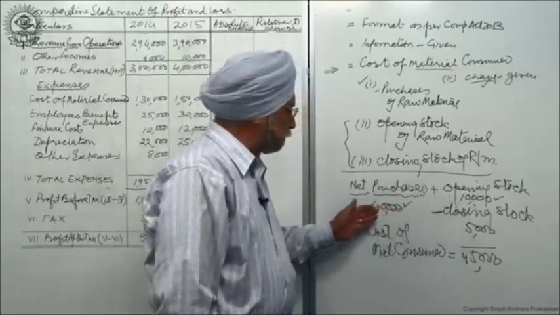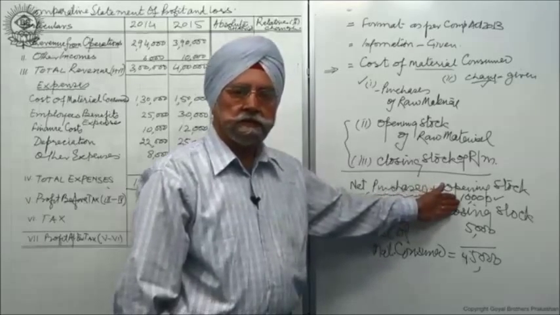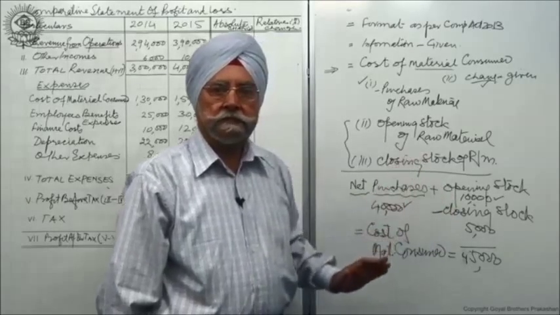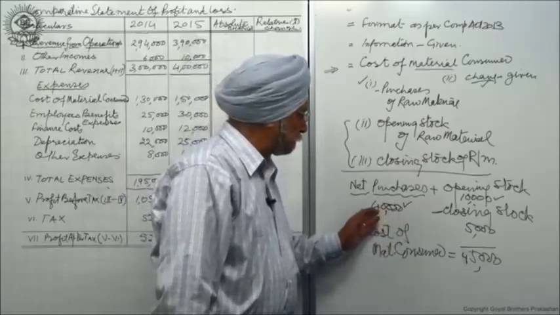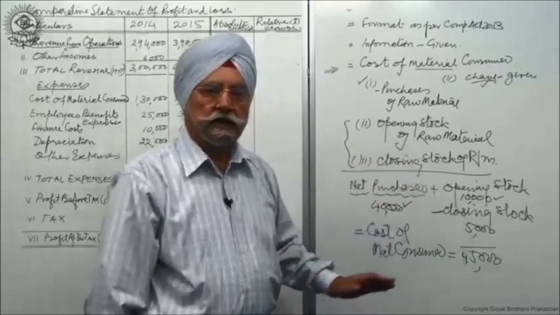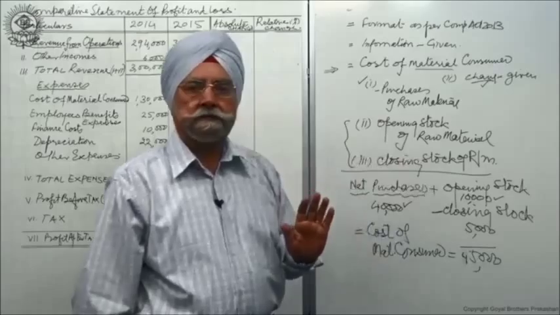So we will add only 5,000 to the net purchases of 40,000 and we will get 45,000.